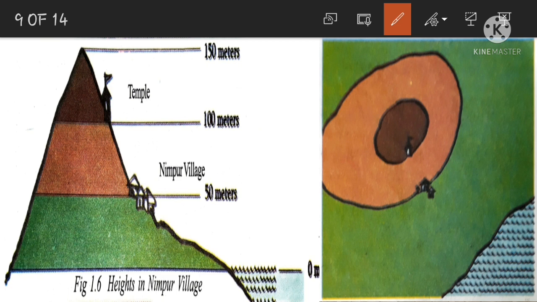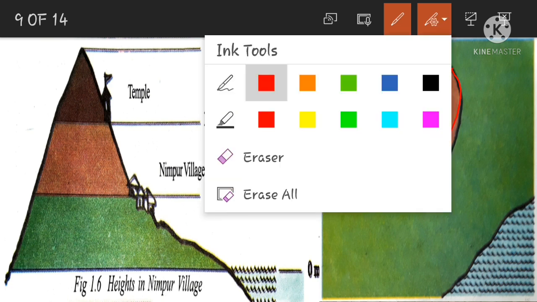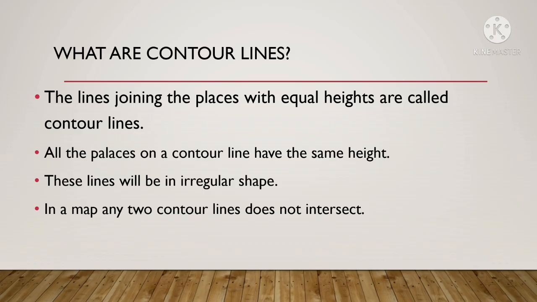In this map, the lines dividing the three zones are contour lines. What are contour lines? The lines joining the places with equal heights are called contour lines.